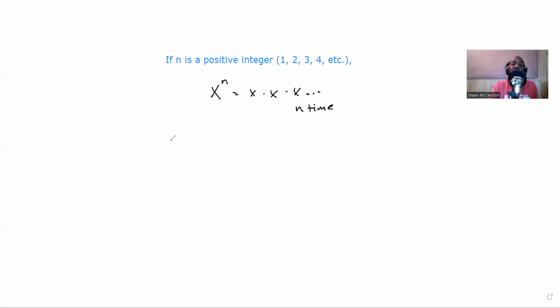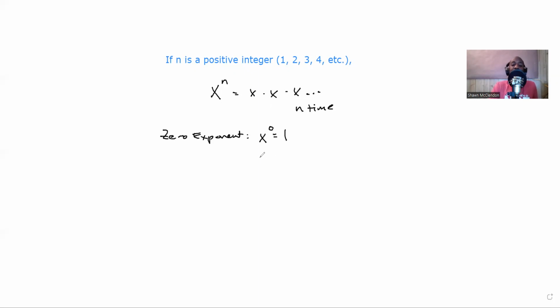All right, now the next thing is what's called the zero exponent, which is this: x to the 0 is equal to 1. In other words, remember, a variable is a letter that stands for a number that you don't know yet.